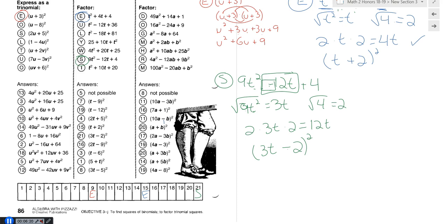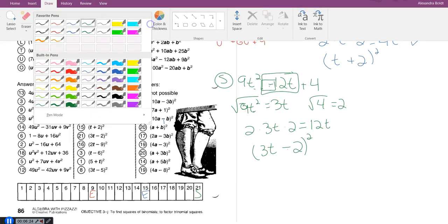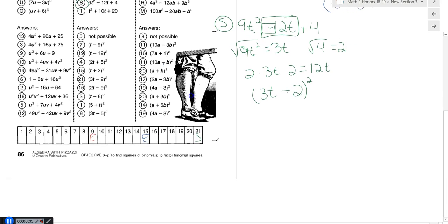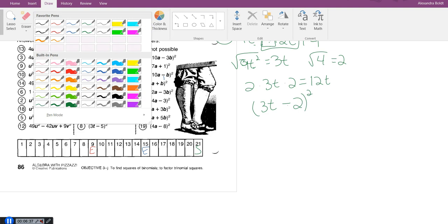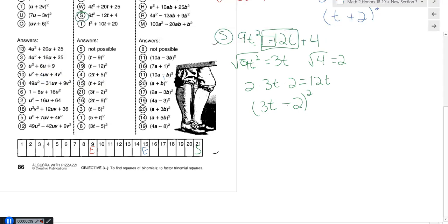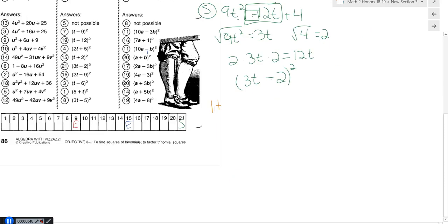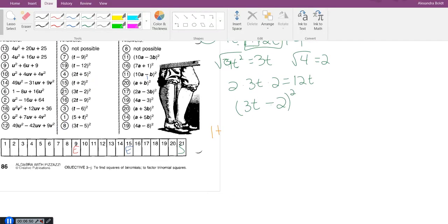All right, last one we're going to look at is H. So this is one that has both an A and a B. And I'm actually going to move it down just a little bit more. And we have a squared plus.